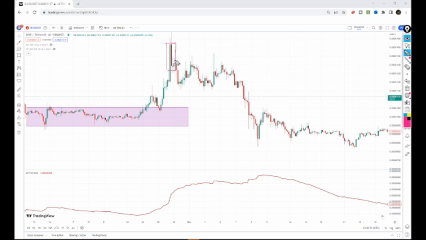All you need to do is reference this area and wait for a breakout as well. Reference the last higher low, wait for the market to break out and continue going lower.